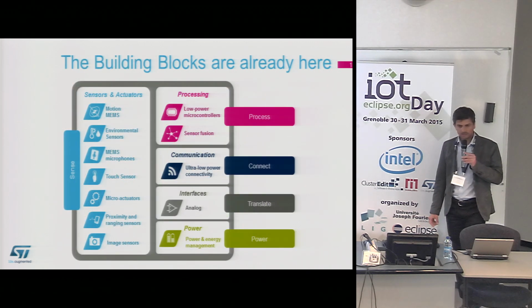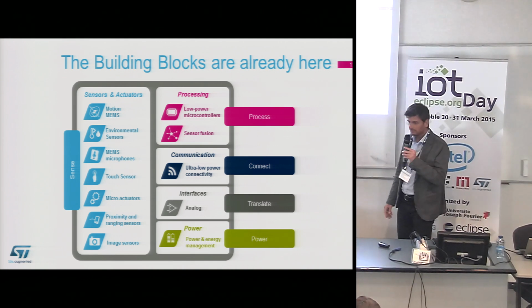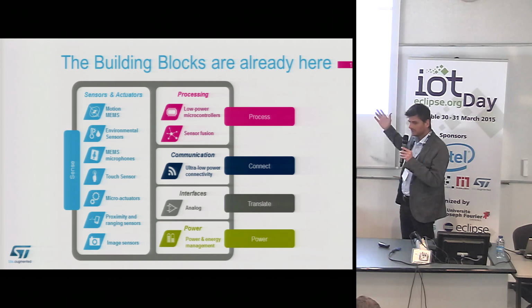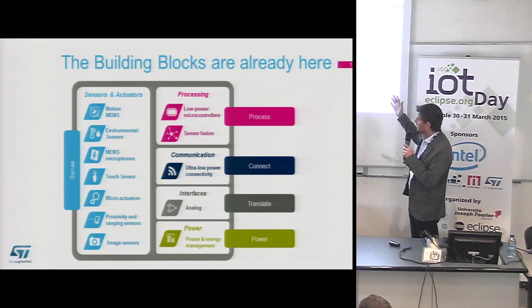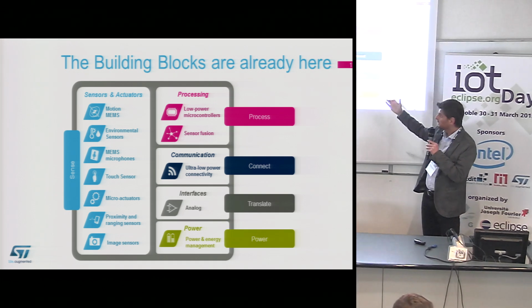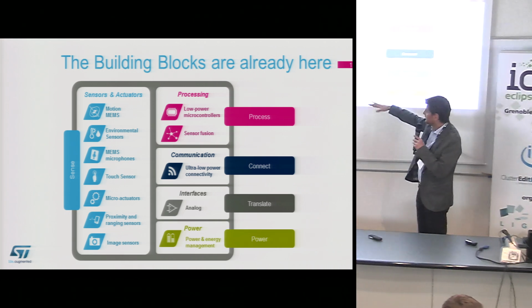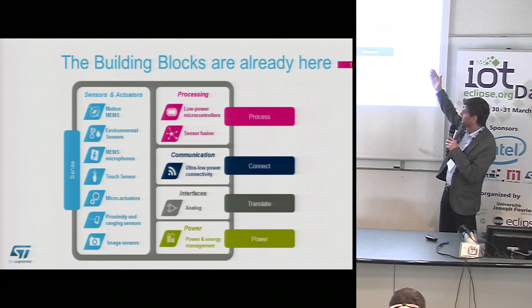Then on the building blocks, so what you need to add to this microcontroller to build your idea and to build your object. Here is a list of what is existing, what is available, what is affordable also on the market. So you have plenty of things on the sensors, which are environmental sensors, motion sensors, audio, touchscreen, etc., proximity sensors. You have the controller, we discussed that.